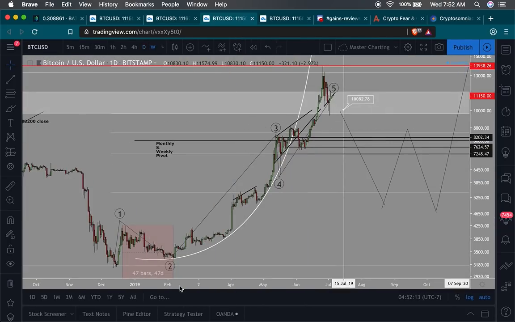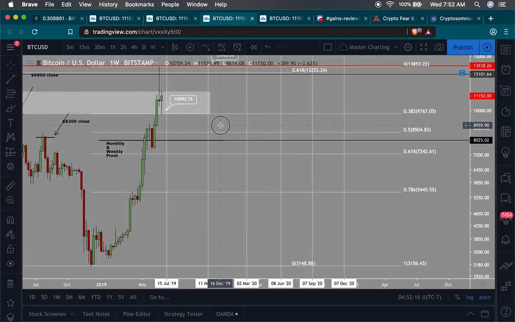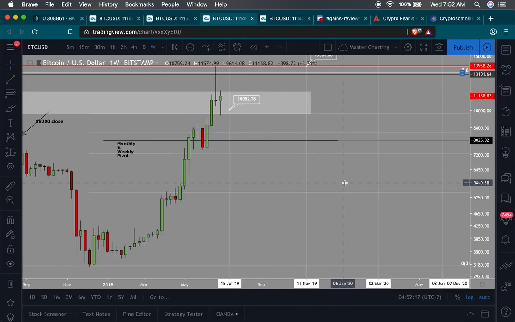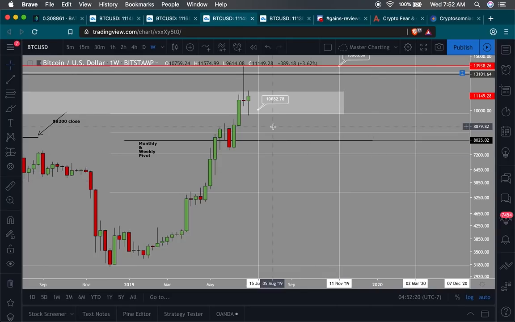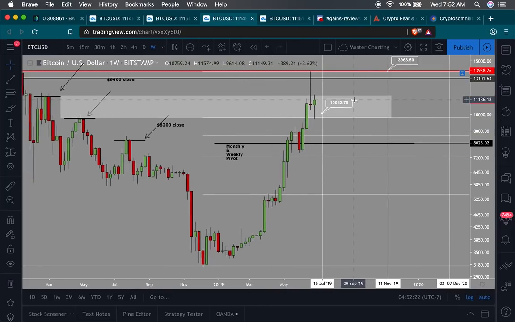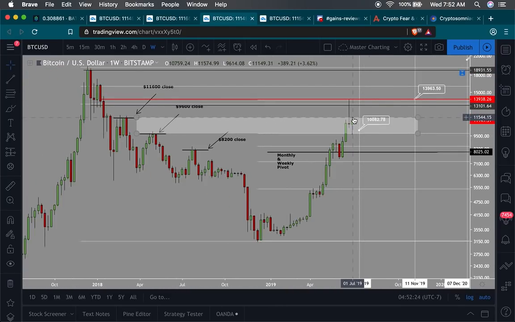The first sign I would say would happen is we not only close under this weekly right here, the 11,600, but we close this candle on the weekly lower than 9,600.